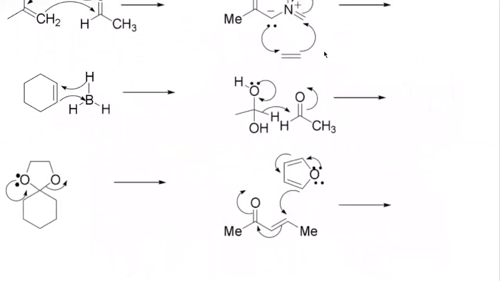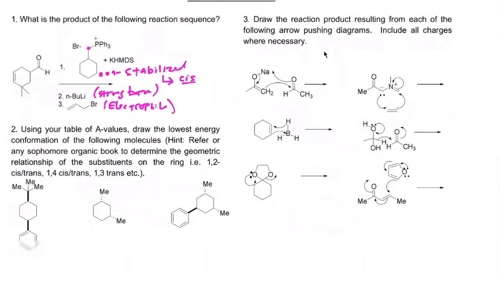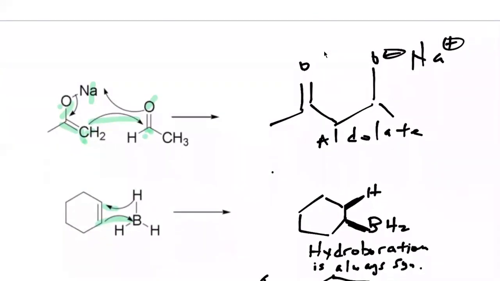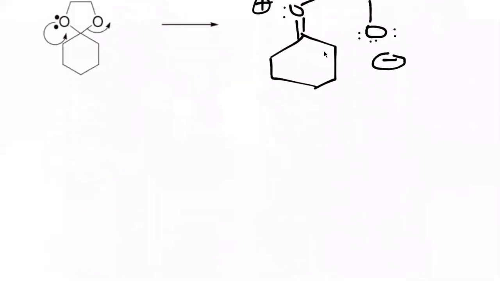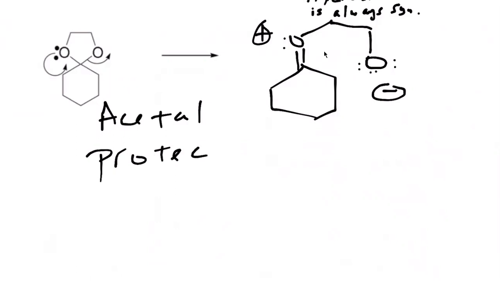Again, all of these have a meaning behind them because the last example with the acetal, that's actually a protecting group. We'll do protecting groups on Monday. This is what we call an acetal protecting group. It's used for protecting ketones and aldehydes.